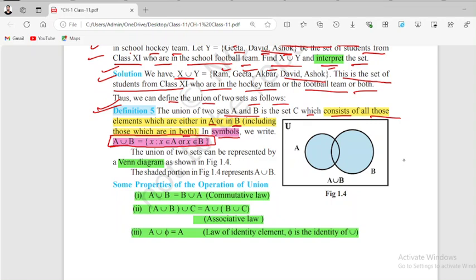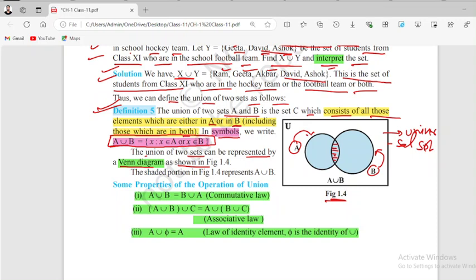The union of two sets can be represented by a Venn diagram as shown here. Basically the rectangle represents the universal set, and the circles represent the subsets. Here set A is this circle and set B is this circle. This is the common part of the Venn diagram.